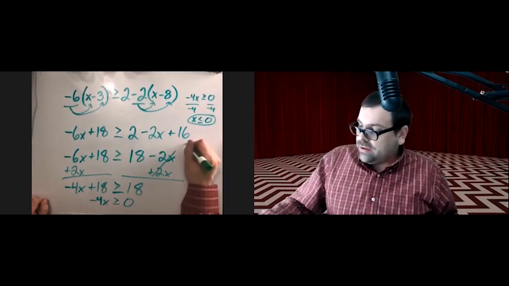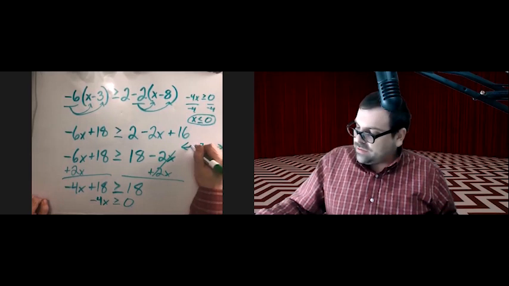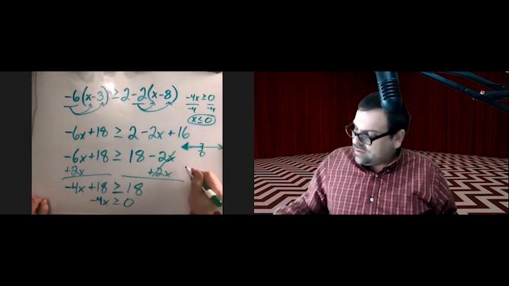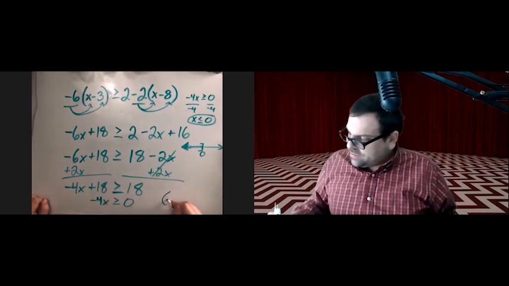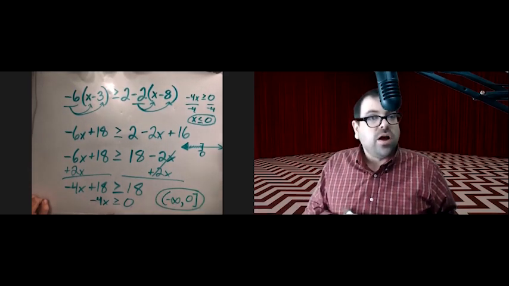On a number line, if this is 0, less than or equal to 0 would look like that with a square bracket, which means our answer would be negative infinity to 0 with a square bracket on the 0.